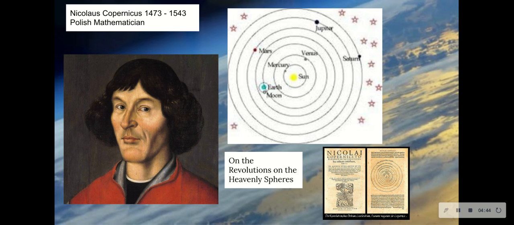And then, quite a long time after that, we have Nicholas Copernicus. He is from 1473 to 1543. He is a Polish mathematician. He wrote a book called On the Revolutions of the Heavenly Spheres, and his idea was different.